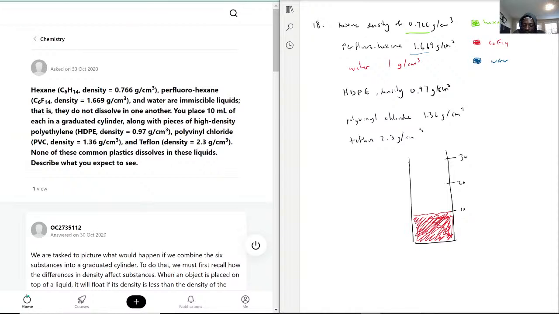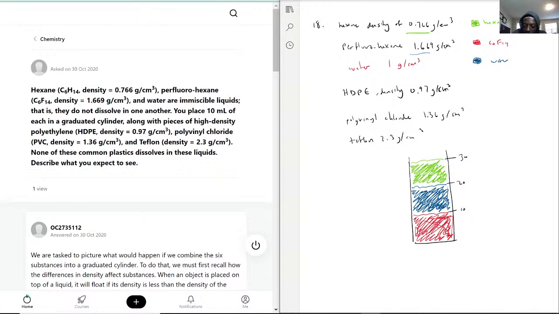That'd be the thing that's all the way at the bottom, okay? Water will be the next one because that one is 1.0 grams, which is greater than 0.766 grams per centimeter cubed, okay? Then the last one would be the hexane, okay?